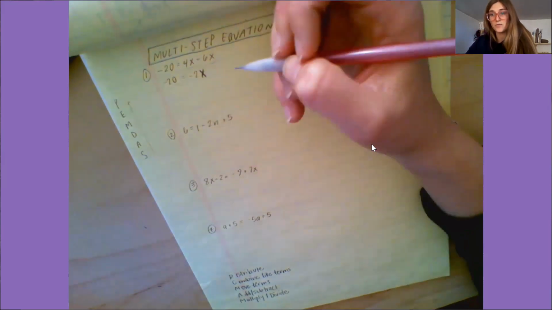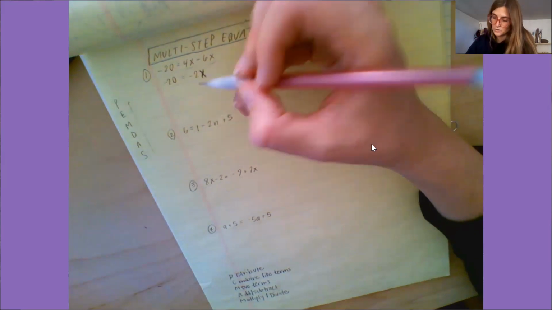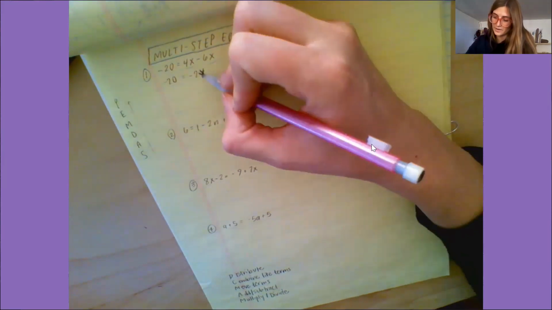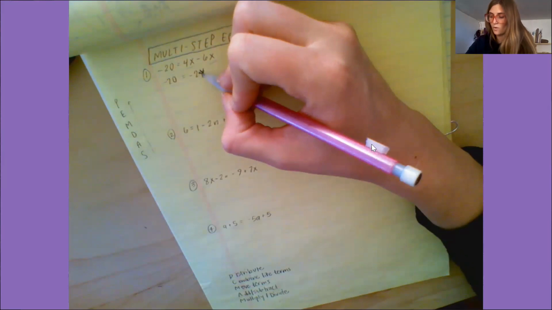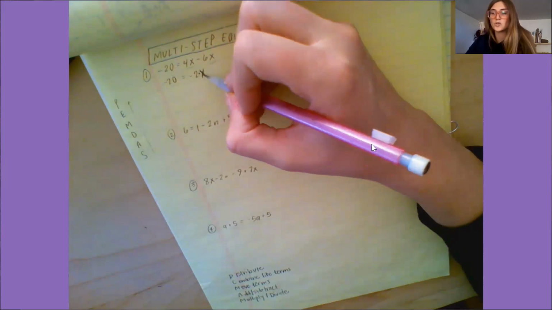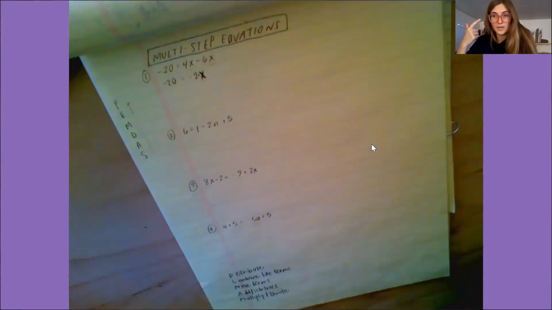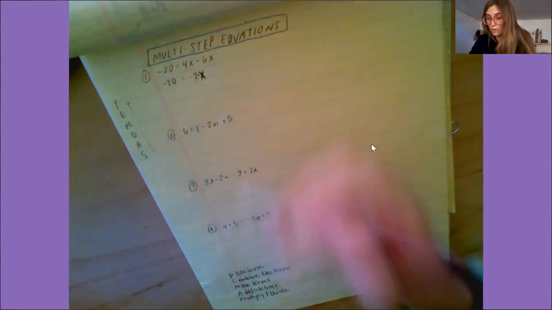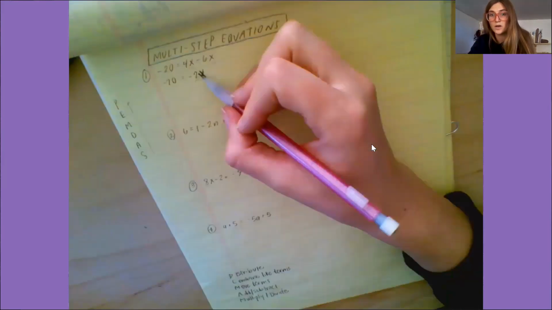I'm going to use my inverse operations. So there's a multiplication sign in there, an invisible one. The way to undo this, it's the same thing just said in a different way: you can either multiply by the multiplicative inverse of the coefficient, or since we know we're multiplying by negative 2, we're going to divide by negative 2.